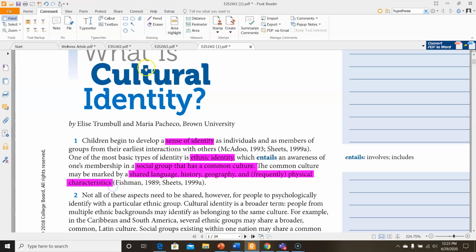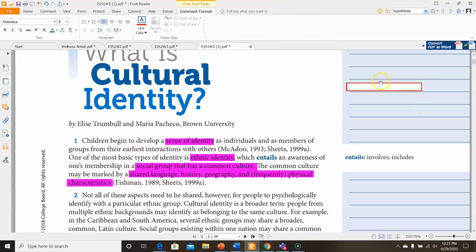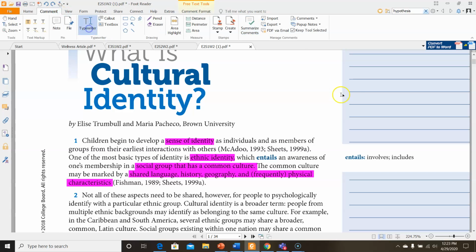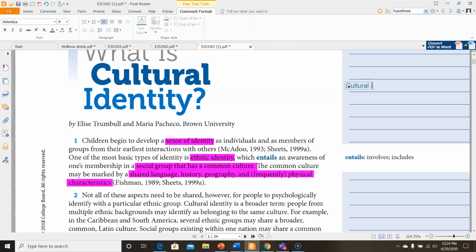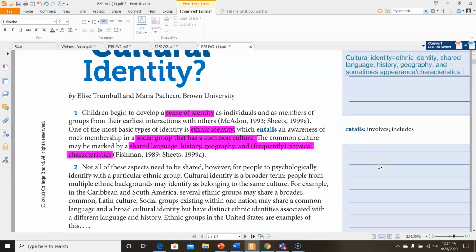So I'm going to put on the side a little note just to summarize what I just highlighted. So far, cultural identity is related to ethnic identity, shared language, history, geography, and sometimes appearance/characteristics. So that's our first part that gives us a little bit of information.